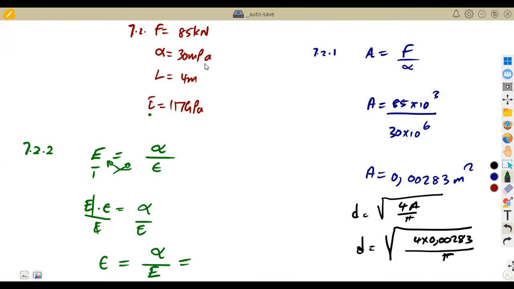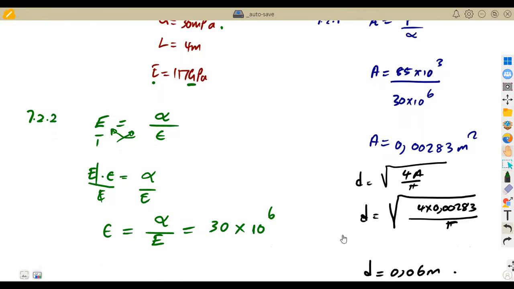And we have everything here, the stress being 30 megapascal, which is 30 times 10 to the exponent of 6 for megapascal, over 117 gigapascal, which is 117 times 10 to the exponent of 9.